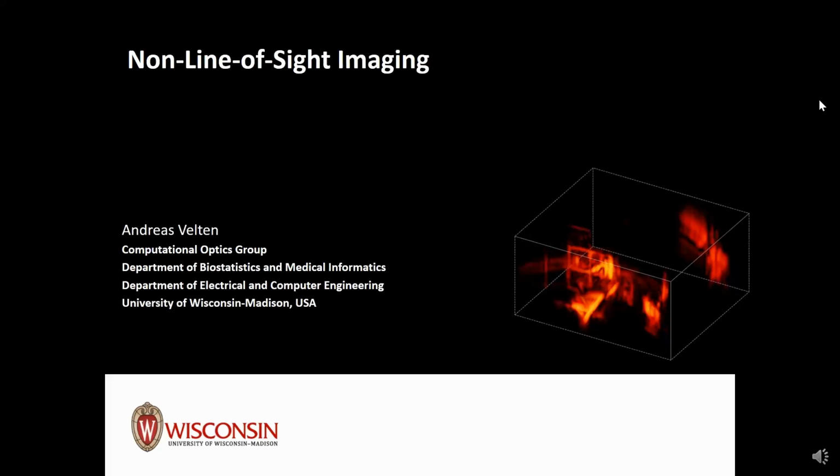So maybe just to speak to that a little bit, I did my PhD in physics in Albuquerque and was working on ultra-fast optics, building ultra-fast lasers and trying to use the pulses for different applications. And after the PhD, I worked at MIT at the Media Lab in a group that is doing computational imaging, and they were interested in what I'm doing now.